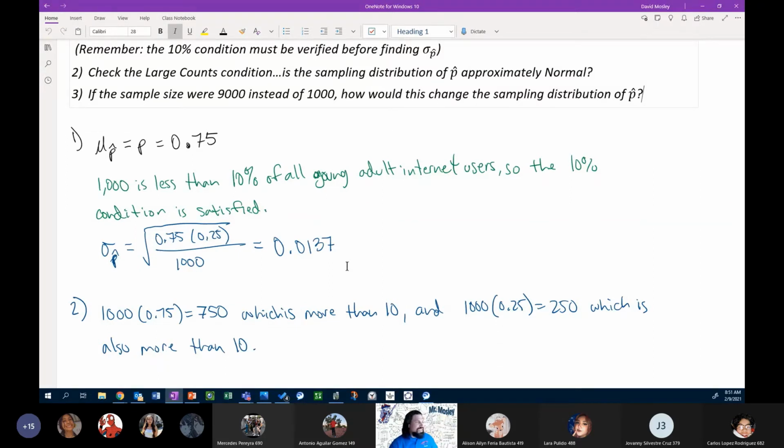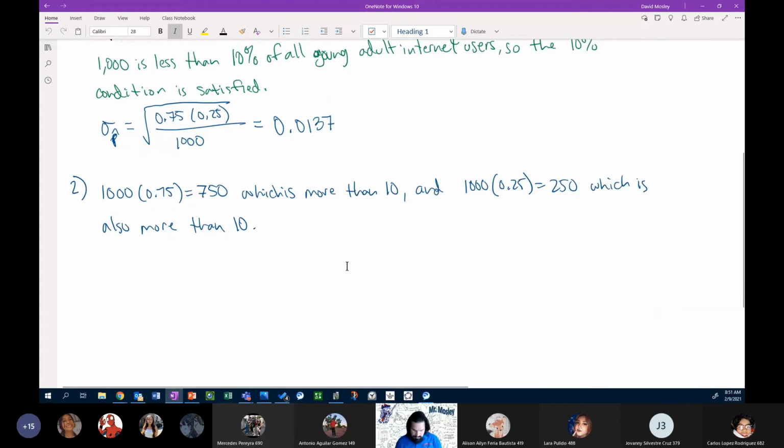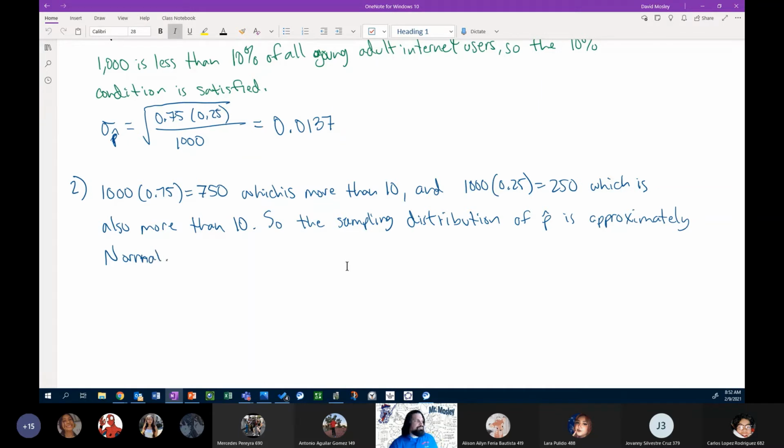Excellent. So that means the sampling distribution of p hat is approximately normal. So that's question number 2.